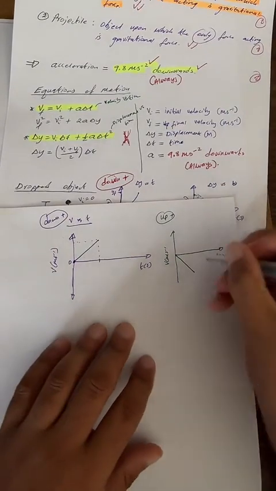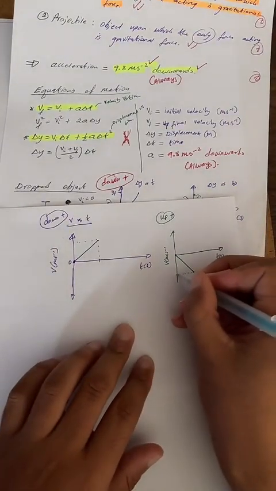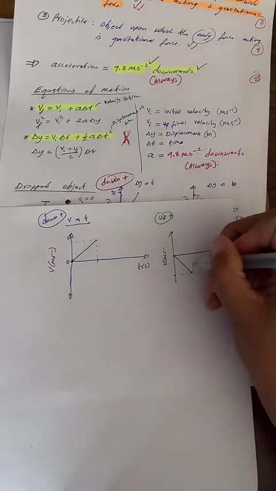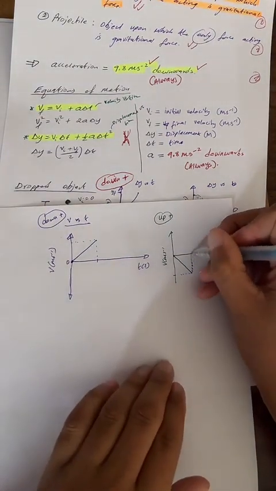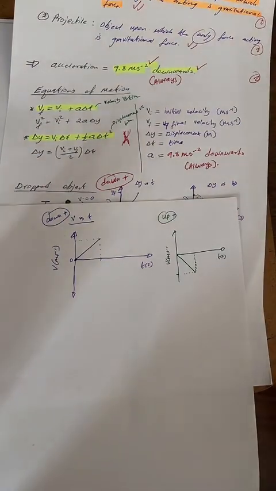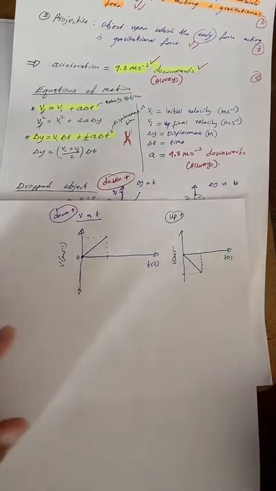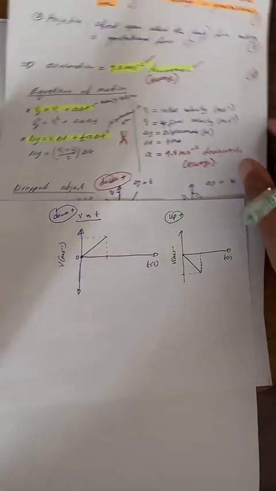The shape looks like that. And this will be the negative value of the velocity, because now we're choosing up positive, so down is negative. As it goes down, it accumulates velocity, but in the negative direction, and the shape will look like that for an object that is dropped.